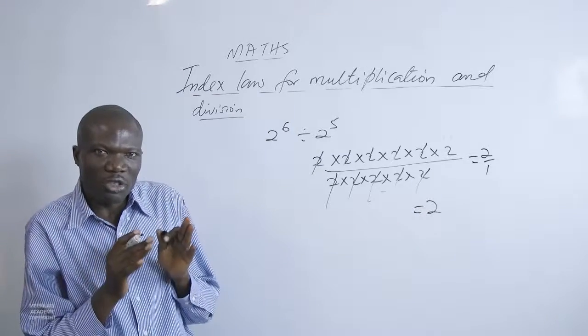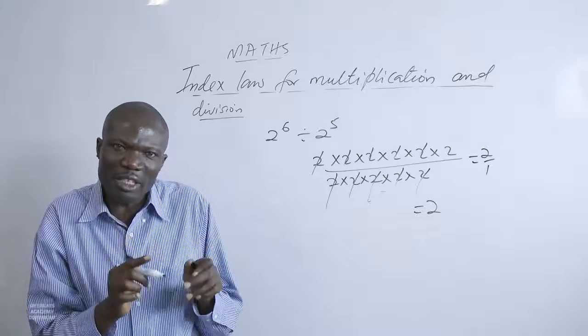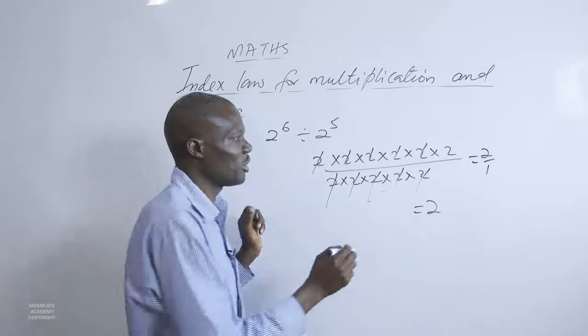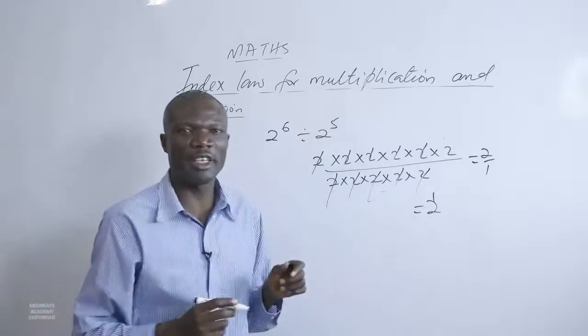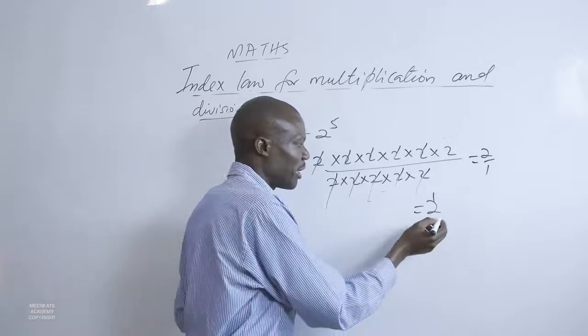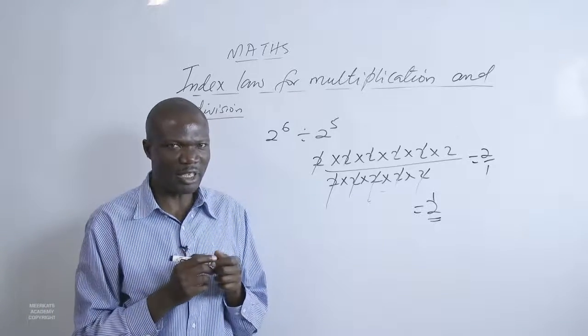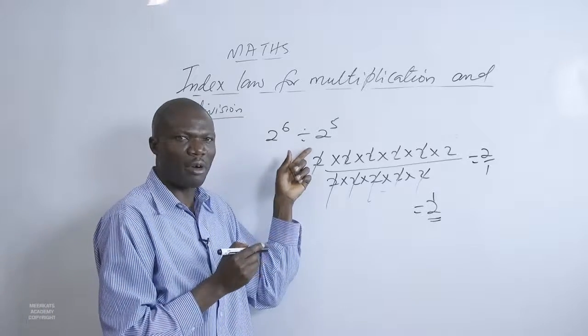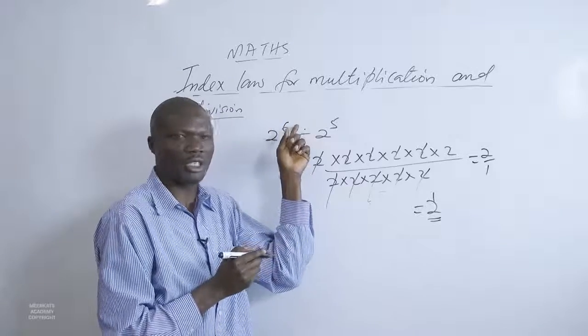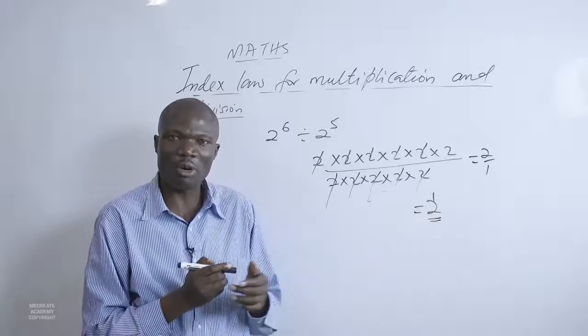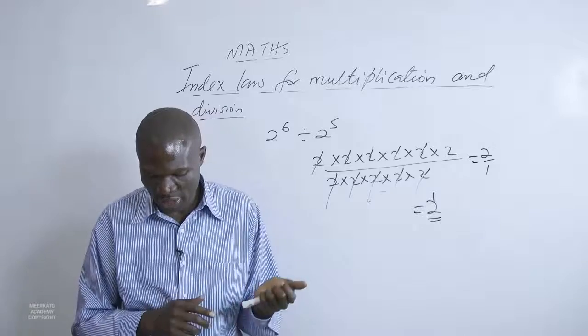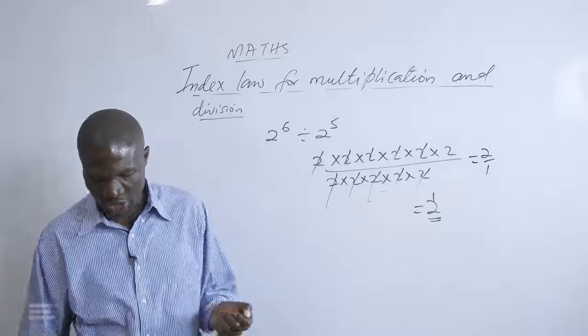Take note, 2 is the same as 2 multiplied by itself how many times? 1 time, which means it is the same as 2 raised to the power of 1. That is what we have here. When you come here, you will see some relationship. When you are dividing powers, supposing you subtracted the powers 6 minus 5, would you get 2 power 1? That is what we are going to look at.